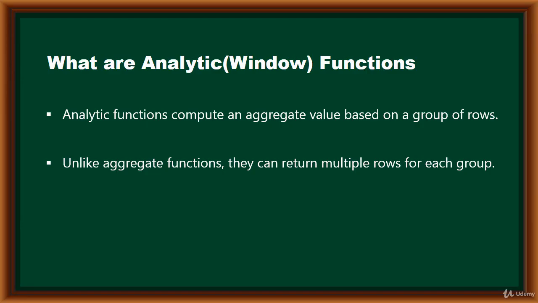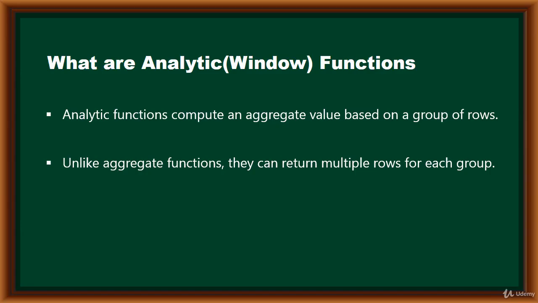The term window basically describes the set of rows on which the window function operates. So a window function will return a value from the rows in a window. A window function also performs a calculation across a set of table rows that are somehow related to the current window.